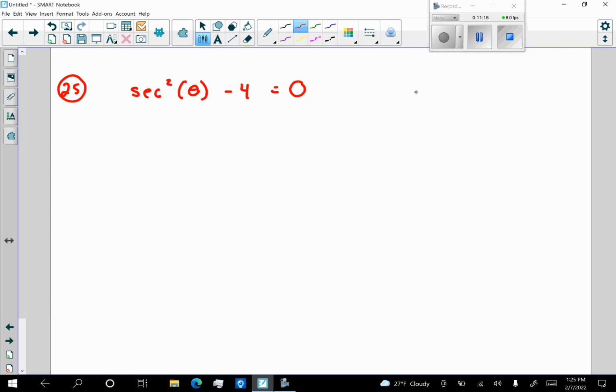Noting that I again want the thetas greater than or equal to 0, less than 2 pi. No need for substitution this time, because I already have a single angle that I am ratioing. But I need to isolate the trigonometric ratio by adding 4 to both sides.